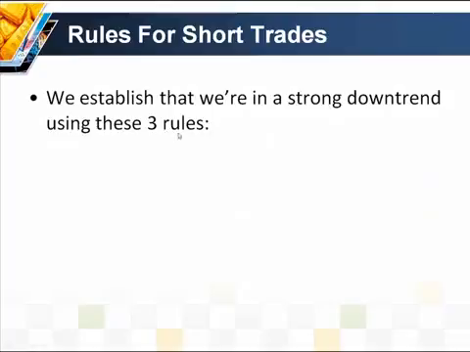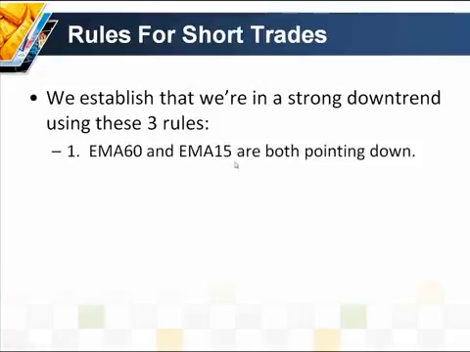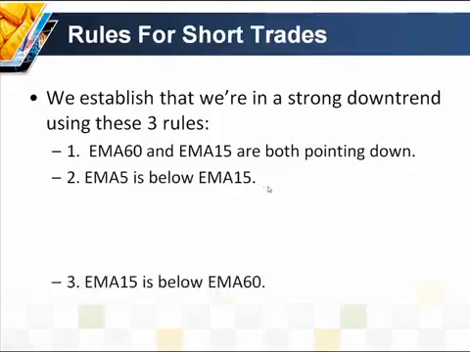This is a trend trading system, so the first thing we need to do is establish that we are in fact in a downtrend. In the case of a short trade, we want to make sure that we're trending downward before we trade. So we use these three rules to ensure that we are in a downtrend. The EMA 60 and the EMA 15 are both pointing downwards. The EMA 5 is below the EMA 15.